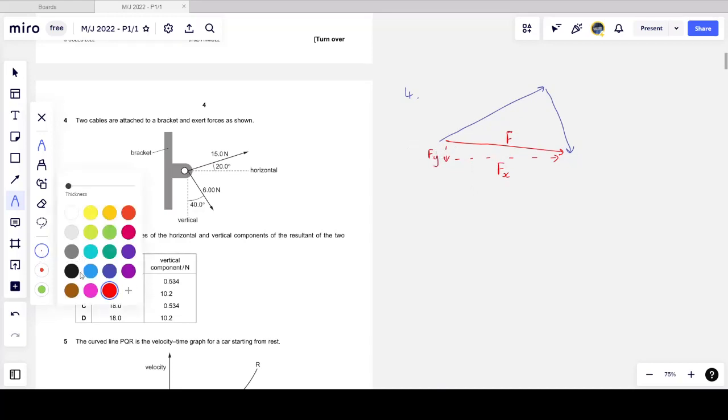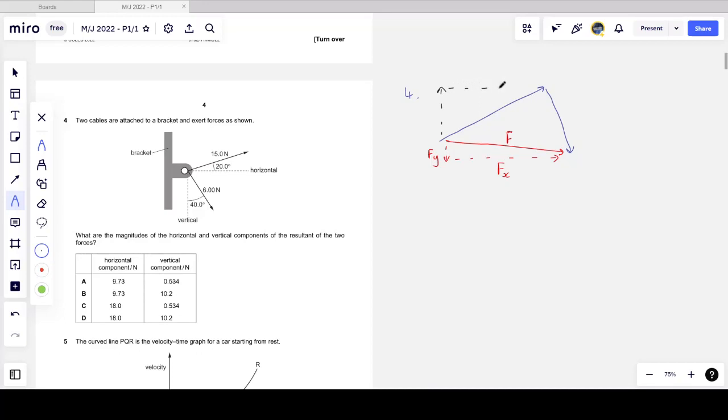Now we can also break our two given forces into their components, y and an x, and for the second force, similarly an x component, which is to the right, and then a y component, which is downward.